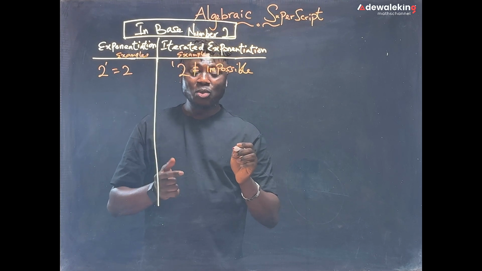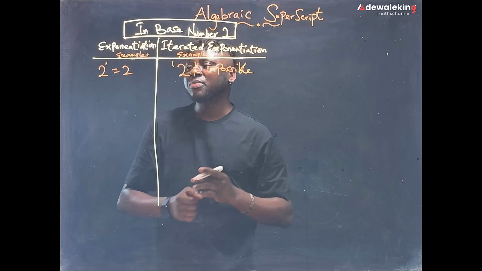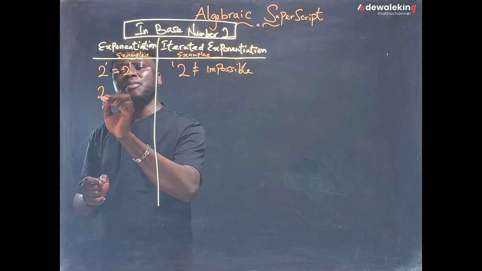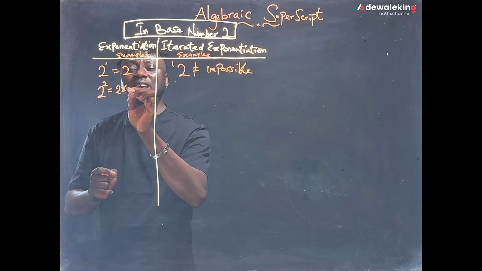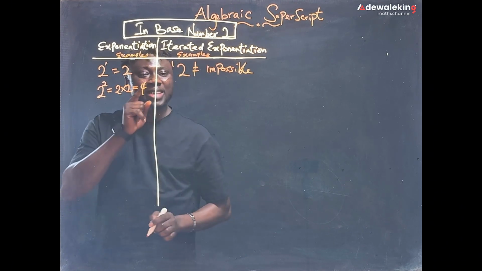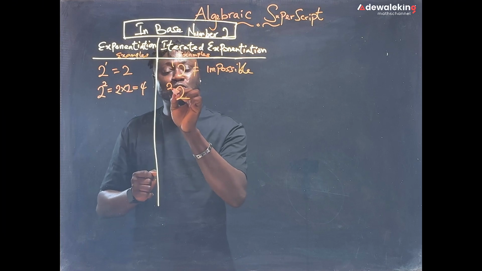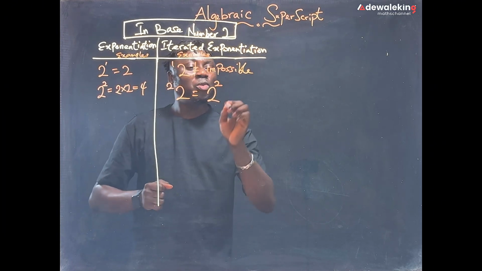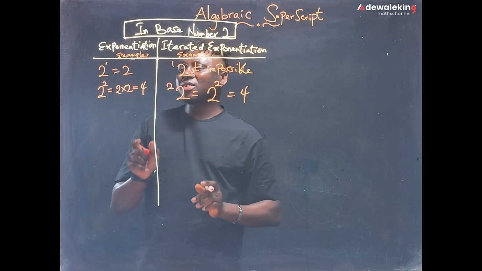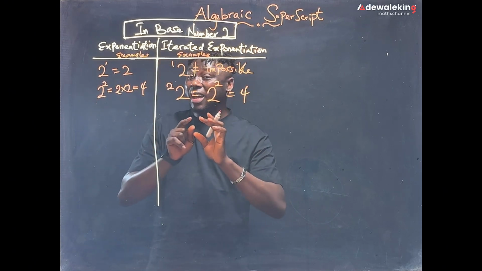It will give an impossible value. If I have 2 raised to power 2, it will give us 2 times 2, which is 4. But here, 2 tetration 2 will give us 2 raised to power 2 also, which will give us 4. So we can see that this and this are the same.